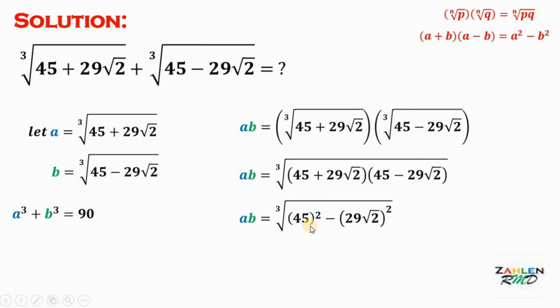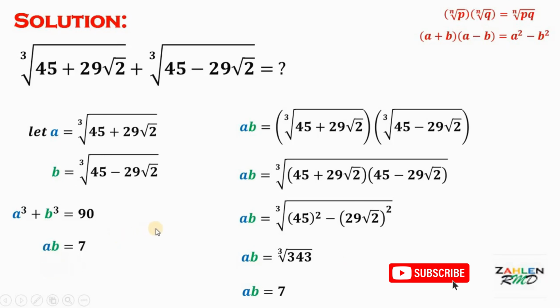We have 45 squared is equal to 2025, minus (29 square root of 2) squared, we get 1682. Then 2025 minus 1682, and we get that AB equals the cube root of 343. Now, the cube root of 343 will give us 7. Therefore, A times B will give us 7.